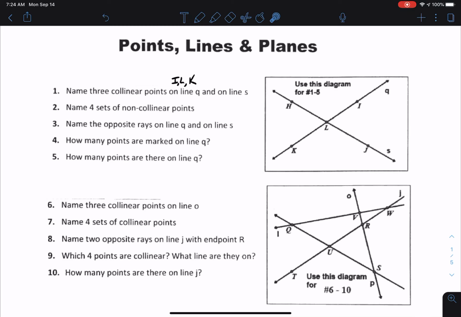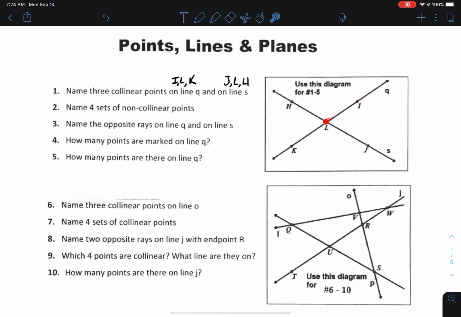So if you name those points, it would be J, L, and H. You can put that in any order you would like. So for line S, it would be J, L, and H. Okay, number 2. And then I'll move on. I'll do number 3.